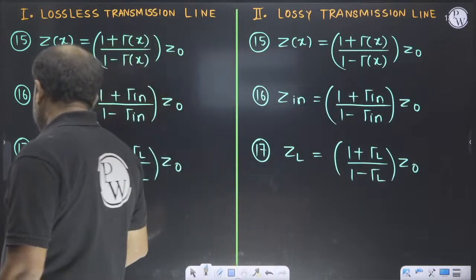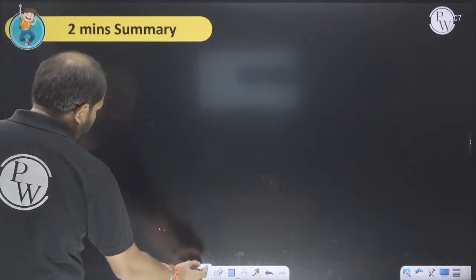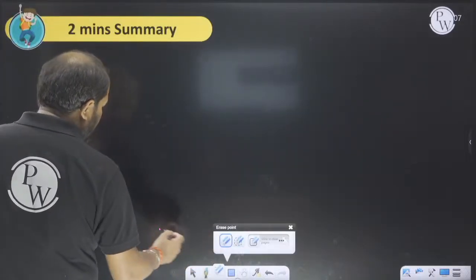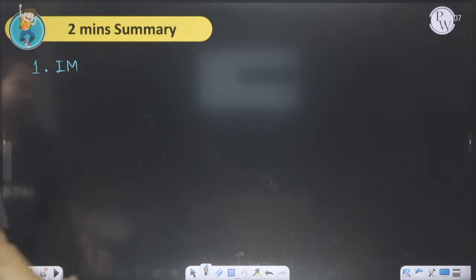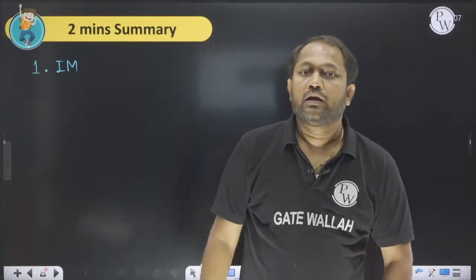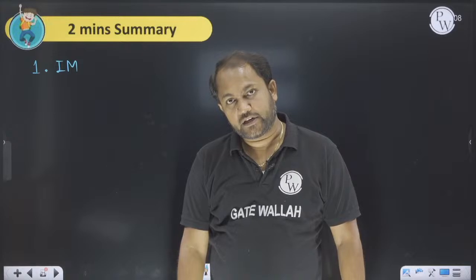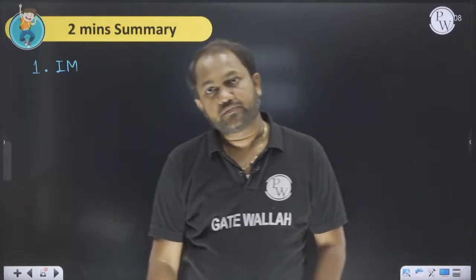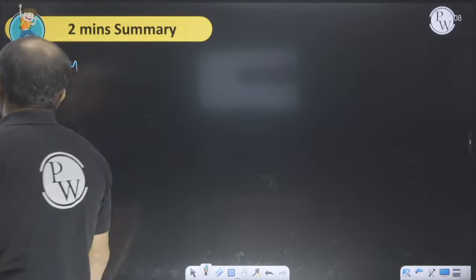So tomorrow we will study... today I am ending this class. Tomorrow we are going to study impedances: quarter wavelength impedance, half wavelength impedance, lambda by 8 wave impedance, short circuit impedance, open circuit impedance, series resonance, parallel resonance, all that stuff.